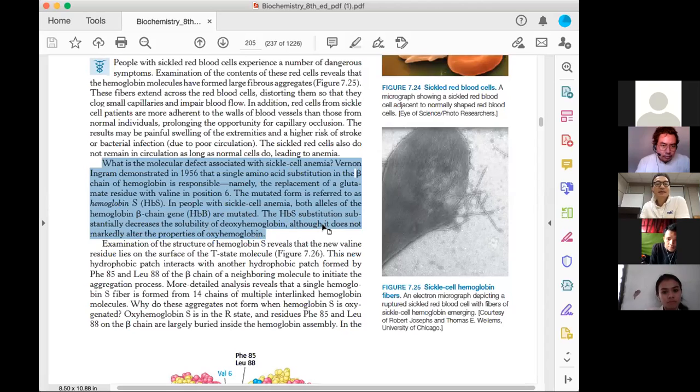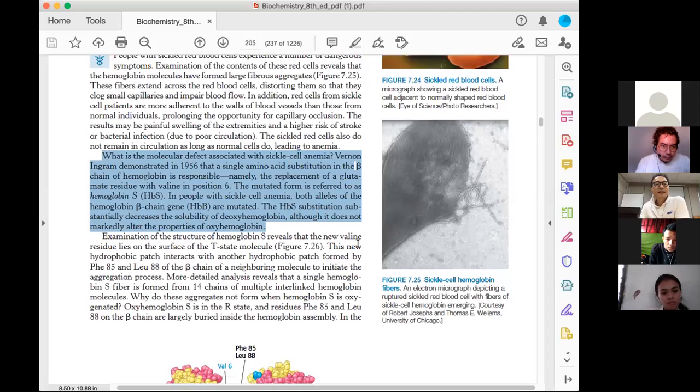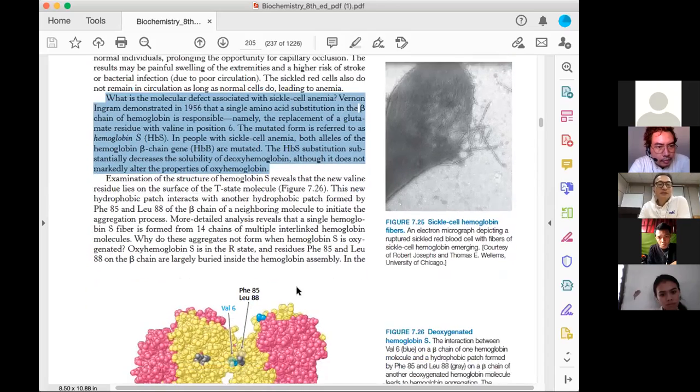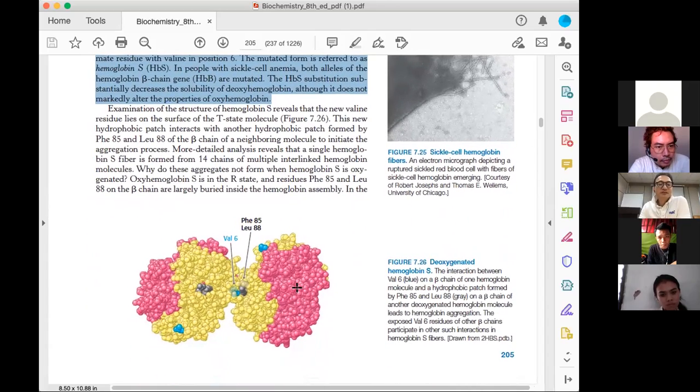This kind of blood was discovered in 1956. Only one amino acid is different, yet the entire structure changed. Let me show you what the difference is right here.